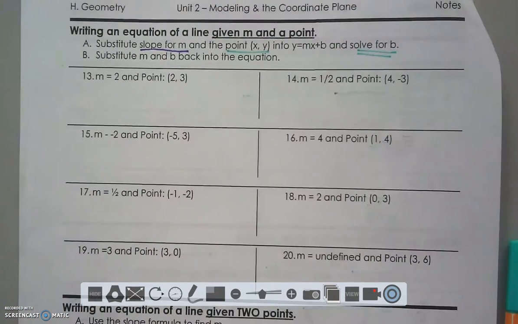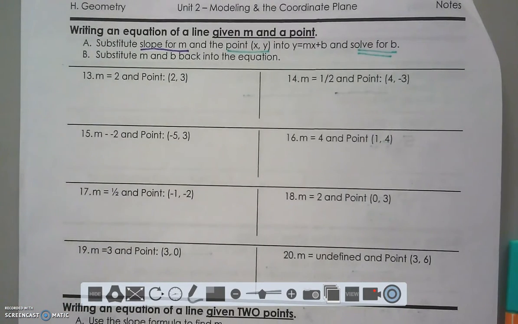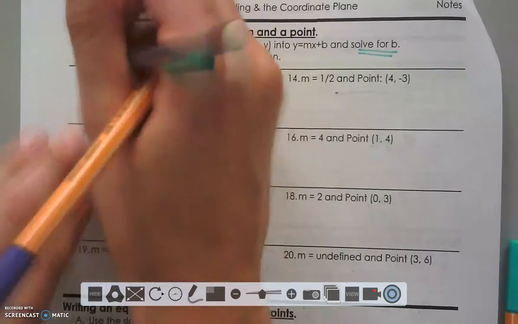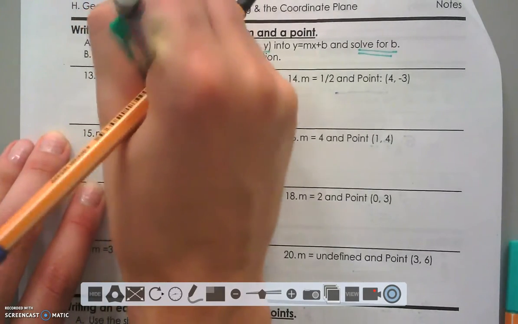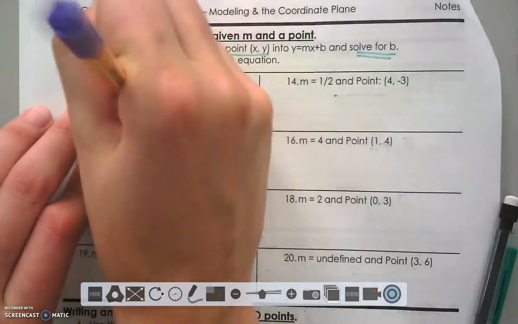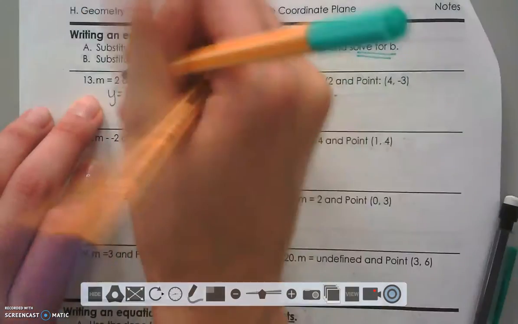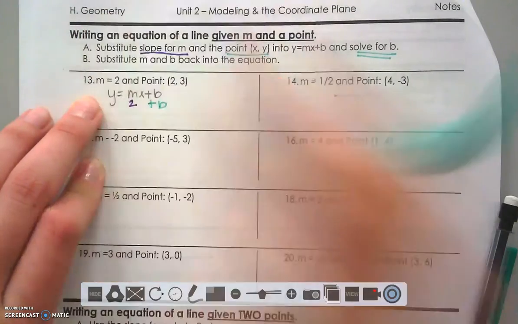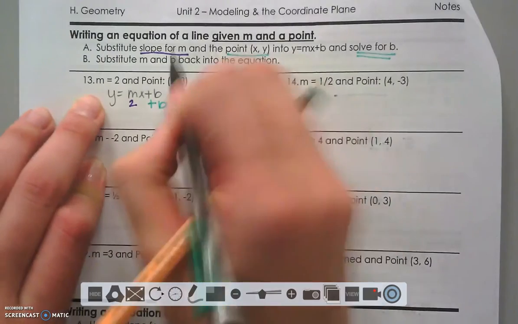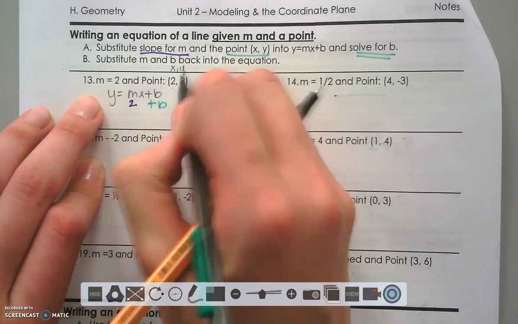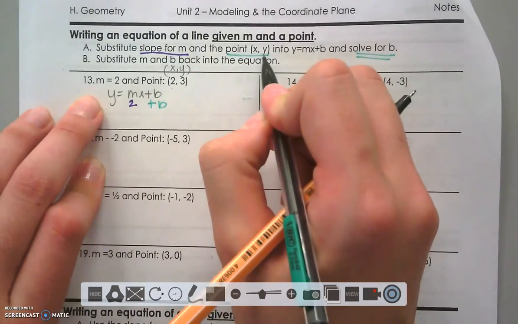So, we have y equals mx plus b. My m is 2. I don't know my b value, that's what I'm solving for, but it did give me a point. Let's remind ourselves that this is an x comma y, just like it did in our notes up here.